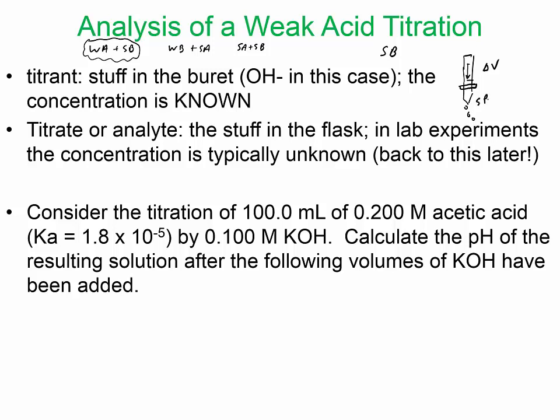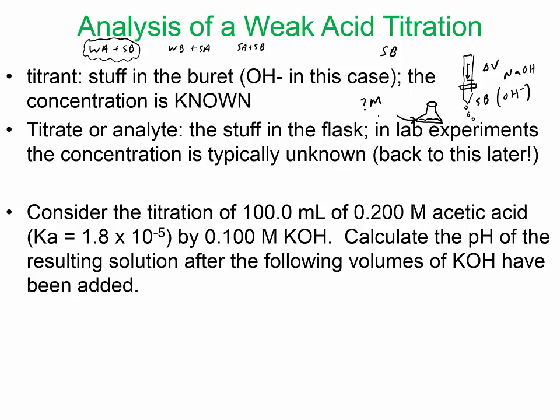This is a strong base in the burette, so this would be OH, or specifically NaOH, but as we know, the Na is a spectator. The titrate, or analyte, is the solution in the flask that's being analyzed. This is usually the one where we don't know the concentration.